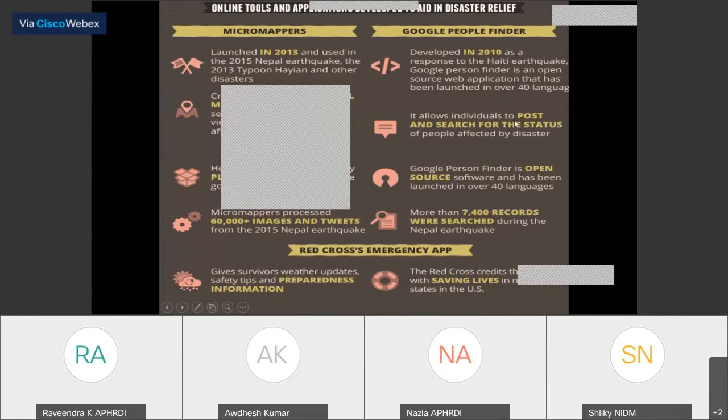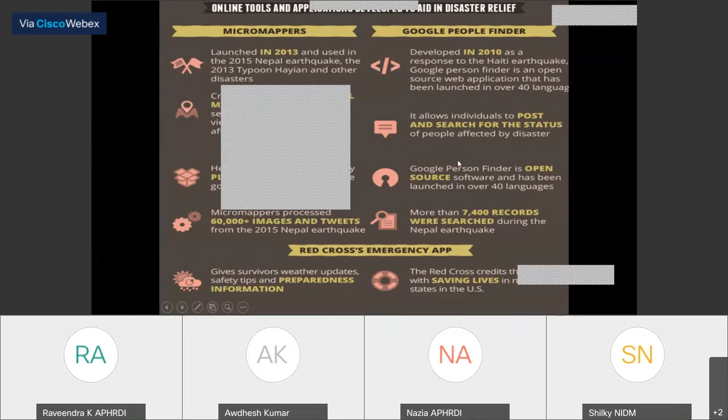For example, if any seismic shock is experienced in the country, people start posting on social media. They start posting photographs and their experiences. With this technology, we can track similar messages from a particular area that is affected by the disaster.